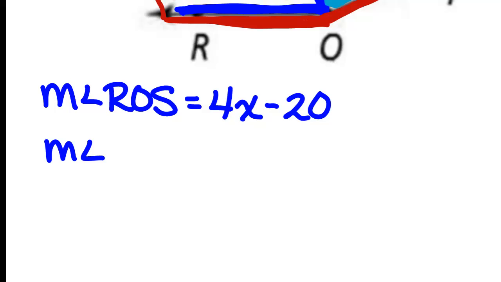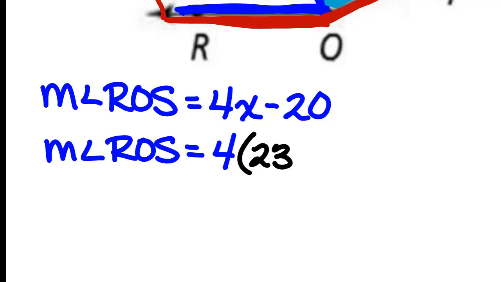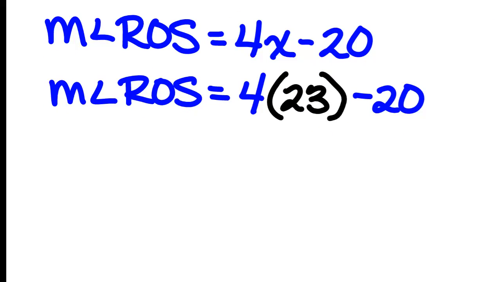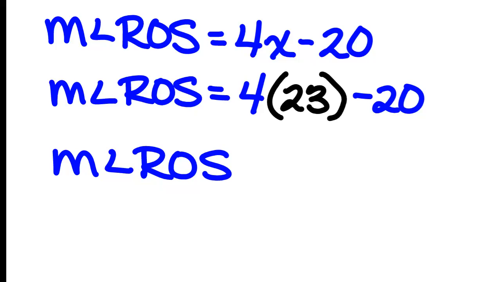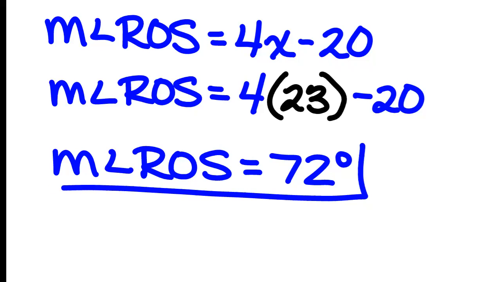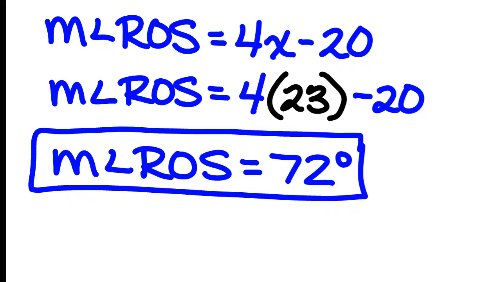So I'm going to have 4 times 23 minus 20. What do I get when I simplify 4 times 23 minus 20? 72. So angle ROS is 72 degrees.